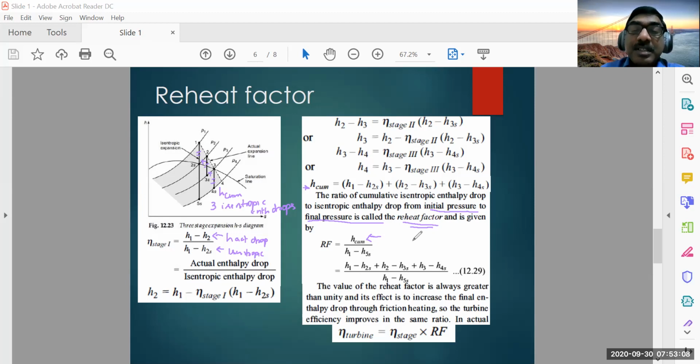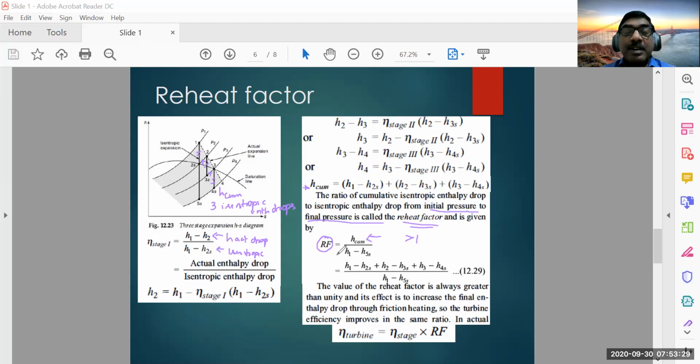You have to remember, this is always greater than 1. So this reheat factor is increasing the effective enthalpy drop of individual stages. So you understand the statement correctly.